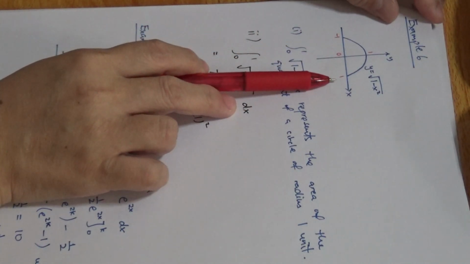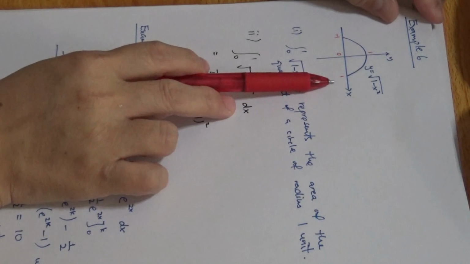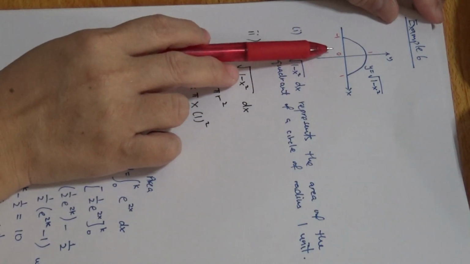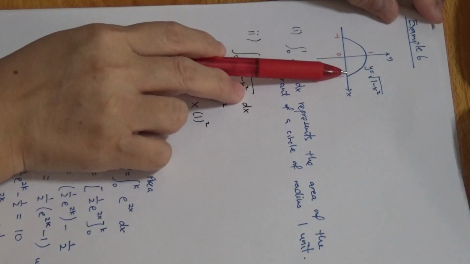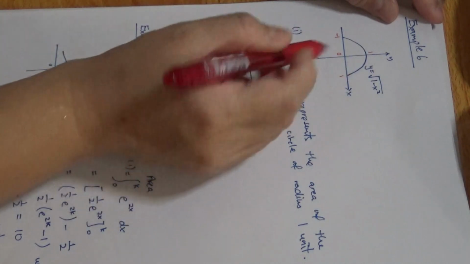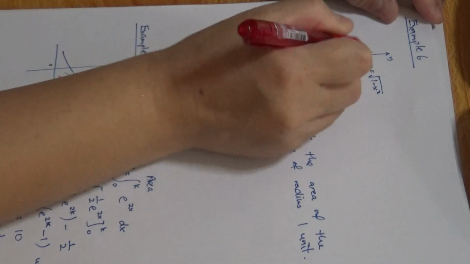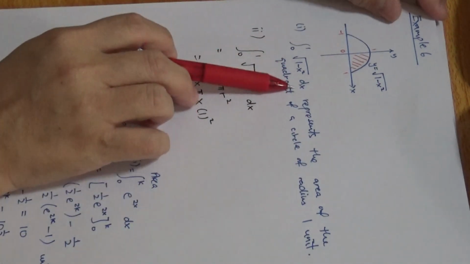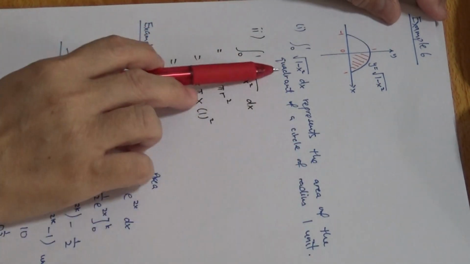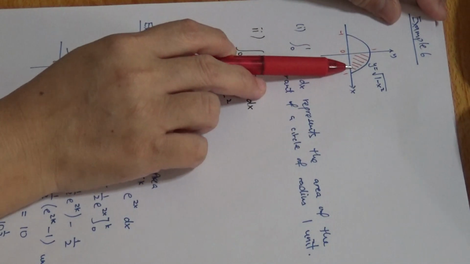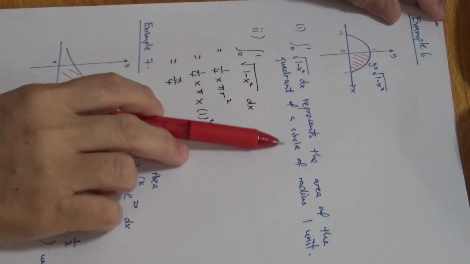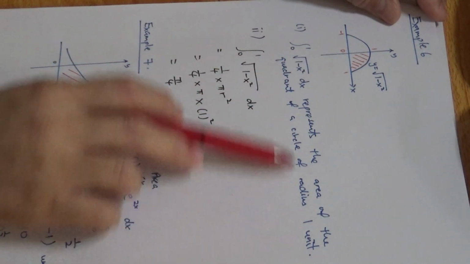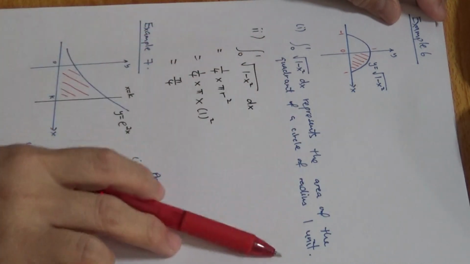Now explain what it represents when we integrate from 0 to 1 of this function. Now you will see that if I integrate from 0 to 1, it is actually this area. So when I integrate this, it represents the area of the quadrant. This is a quadrant because it's 1/4 of a circle of radius 1 unit. So this is how you explain part 1.